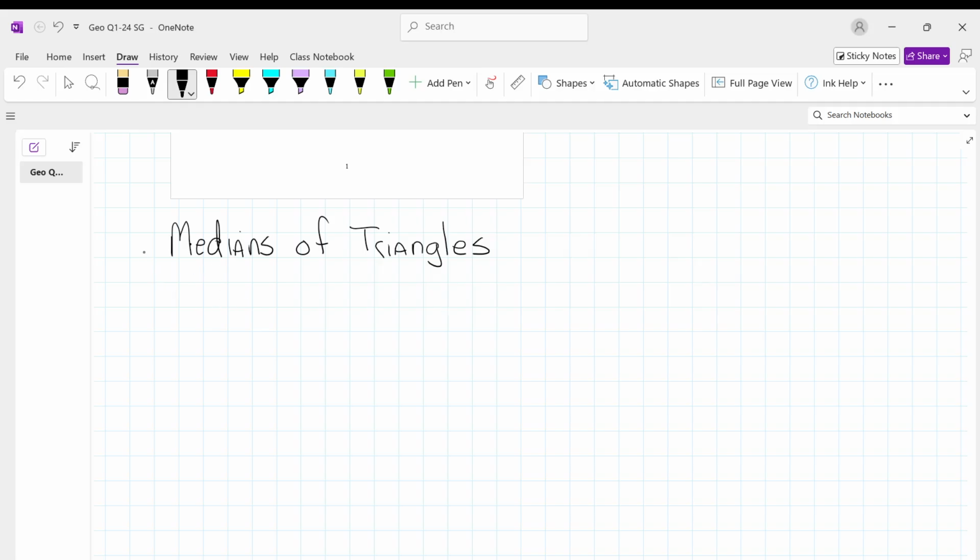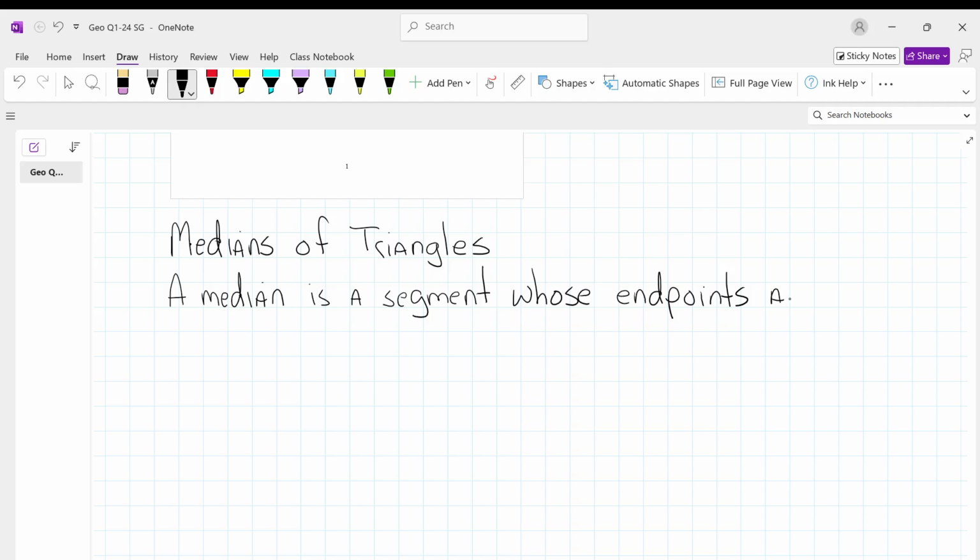And a median of a triangle is a segment whose endpoints are on a vertex and the middle of an opposite side.